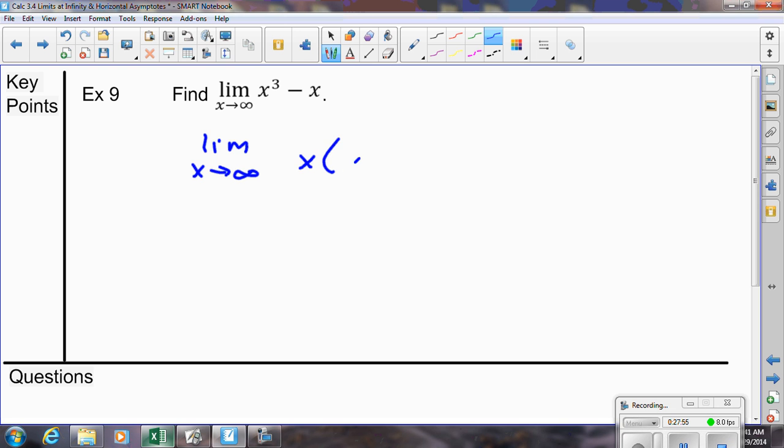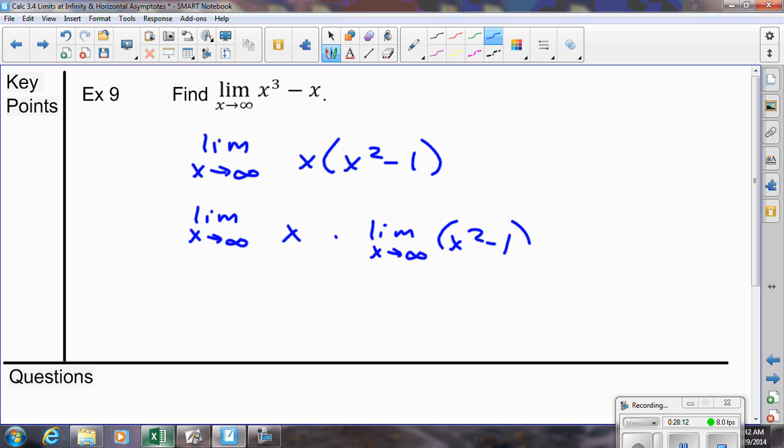We could factor that out like this. And in this instance, we could then split this up in terms of a product, showing the full algebraic version instead of just the intuition version.